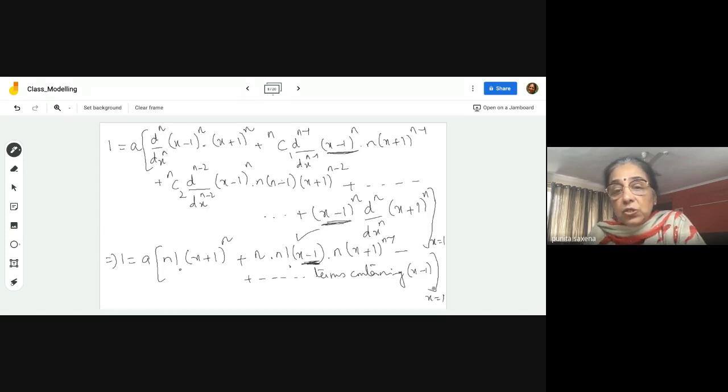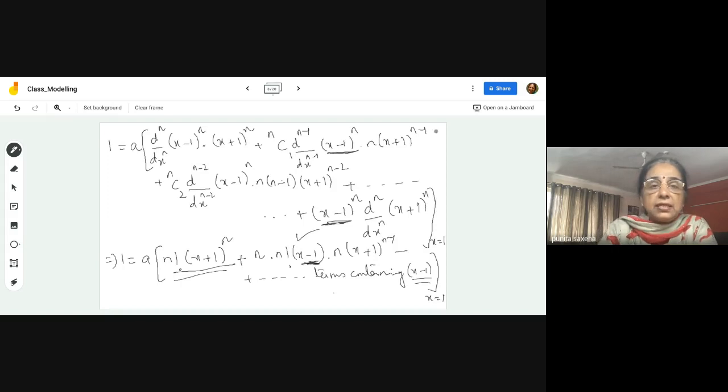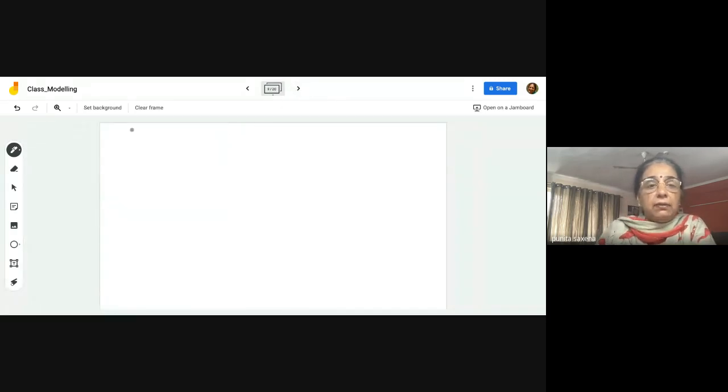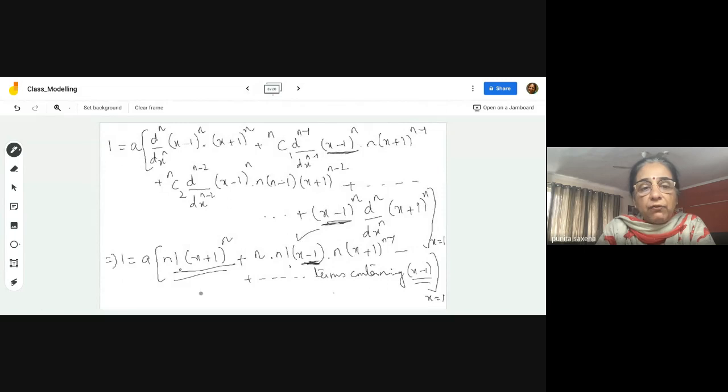Except the first term, all terms contain x minus 1, so they'll all be 0 when I substitute x equal to 1. The only non-zero term is the first term.